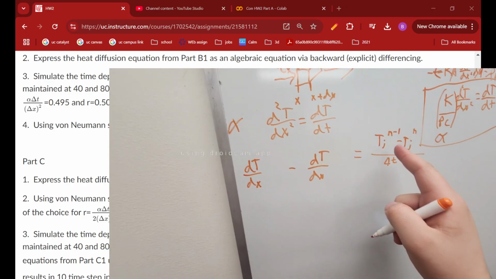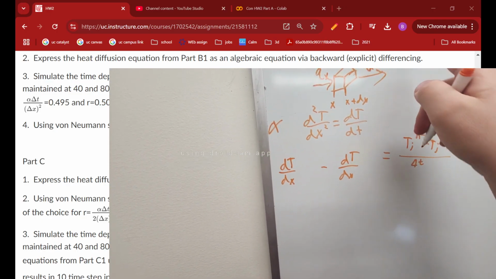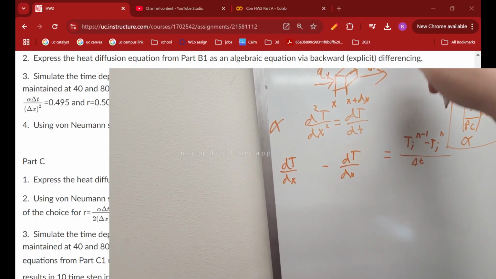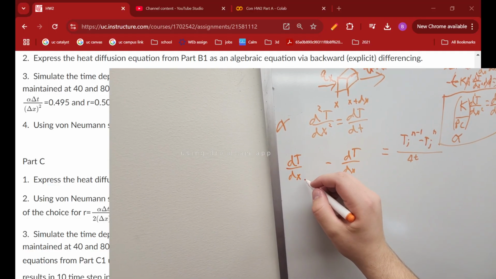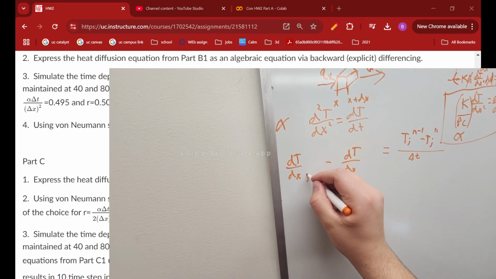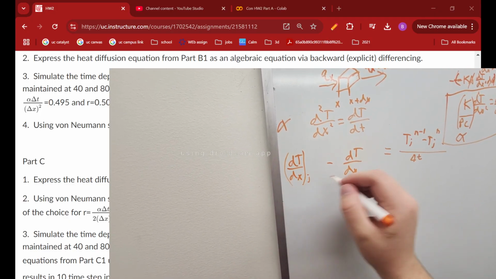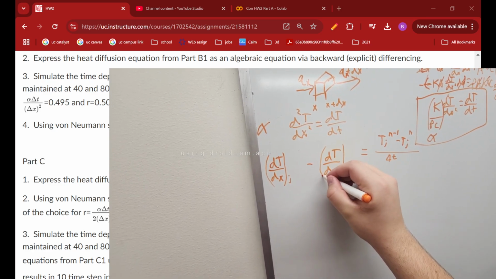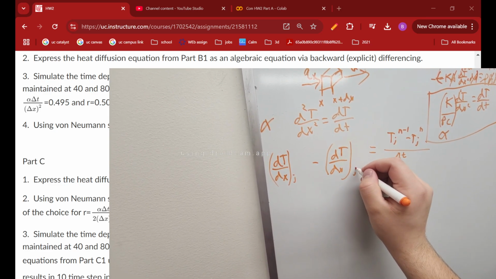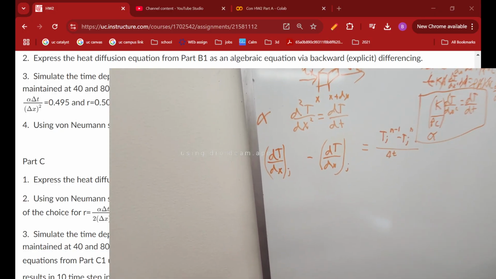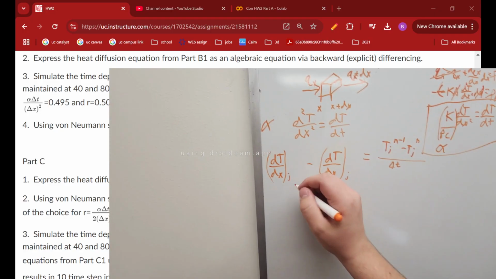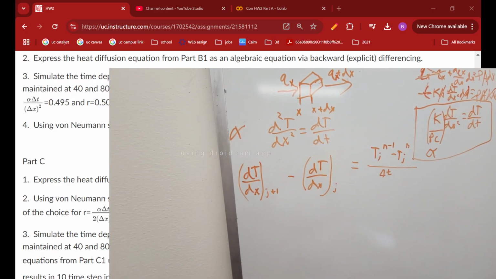And since we're looking in between, we're looking here for n plus 1, this one would be j plus 1, one is j and one's j plus 1, on this side.